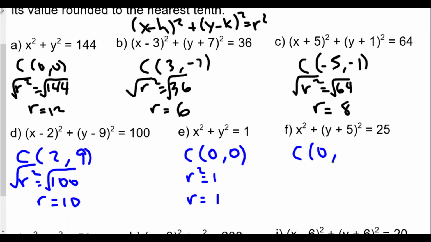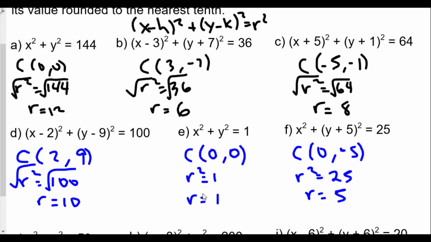And in this case, the opposite of 5 is negative 5. So we'll have negative 5 for the k value of our center. So our center for this equation is 0, comma, negative 5. And the radius squared equals 25, and our radius is equal to 5.